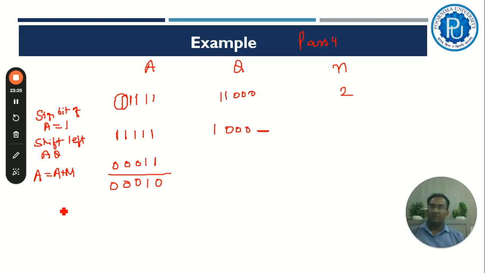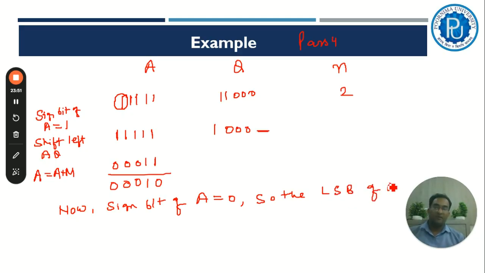Now the sign bit of A is 0, so the least significant bit of Q, that is Q naught, will be set to 1.